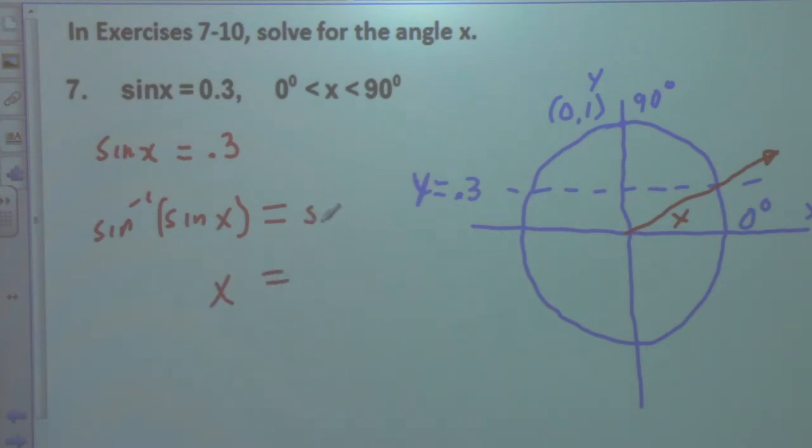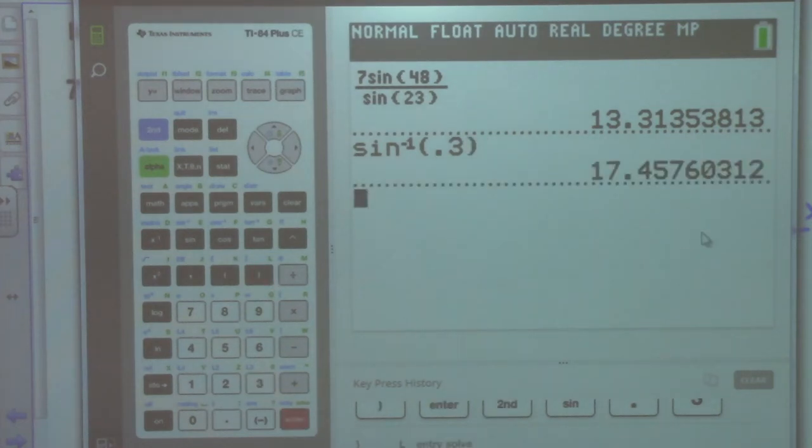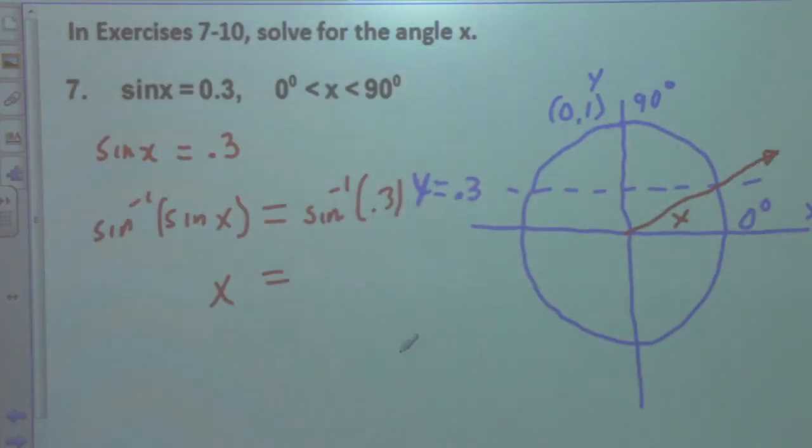And so we have to do the inverse sine on the other side of 0.3. So you go to your calculator and you get inverse sine of 0.3 and get 17.458. Okay, so that's number 7.